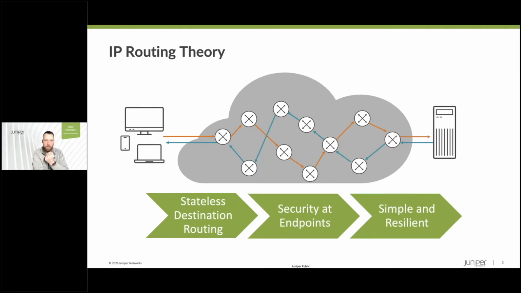Now, the routed networks were sort of born out of, if we go even further back, a theory that looks like what you see here. As the internet boomed in the 90s, conventional wisdom was to really keep the network stateless, leave all the security to the endpoints, and just keep it fast and keep it simple. Now, this was for good reason, mind you.